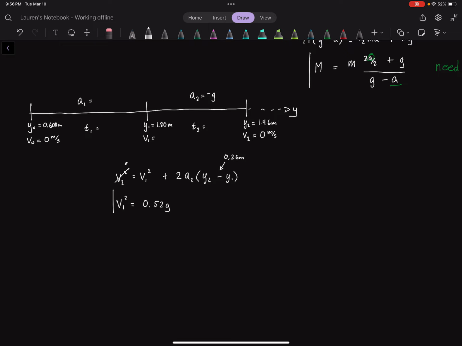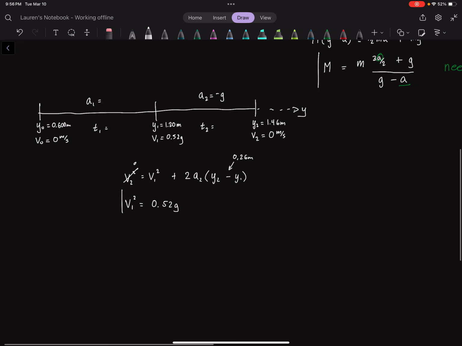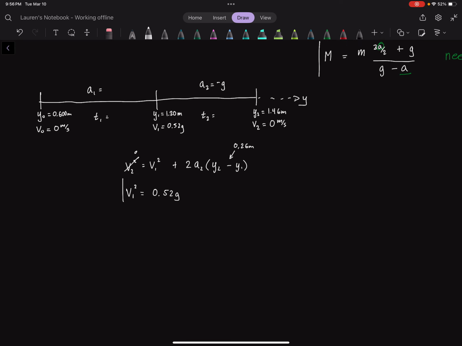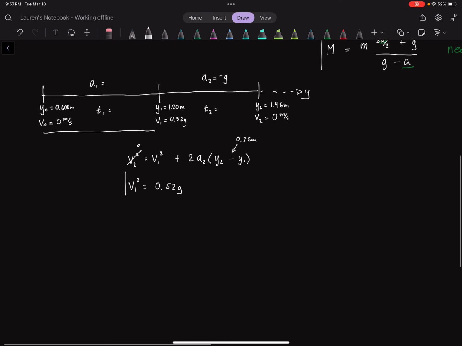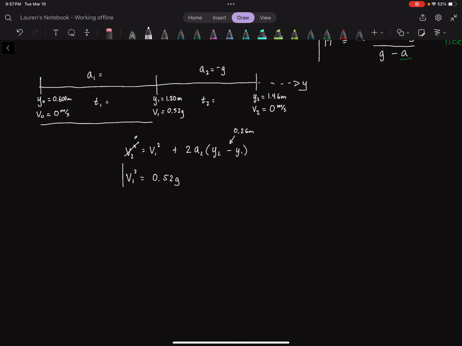All right, now 0.52 times G. Now we get to plug that in using the same equation for this first segment. We want to solve for A. We don't know nor care about time, so we use the same equation, but with the first segment. So V1 squared equals V0 squared, which is 0, plus 2A1 times Y1 minus Y0. V1 squared is exactly what we just had.